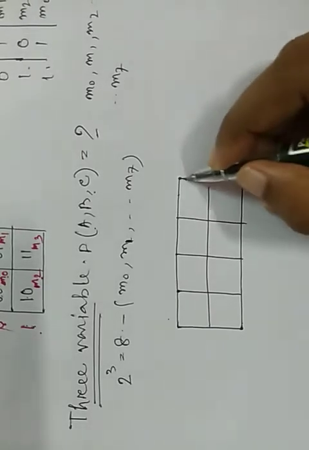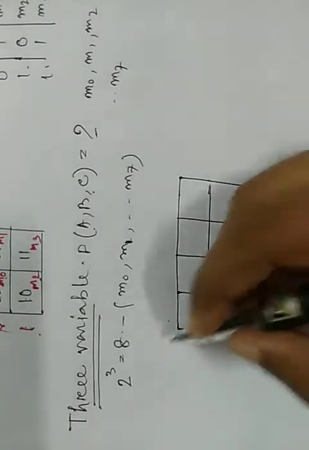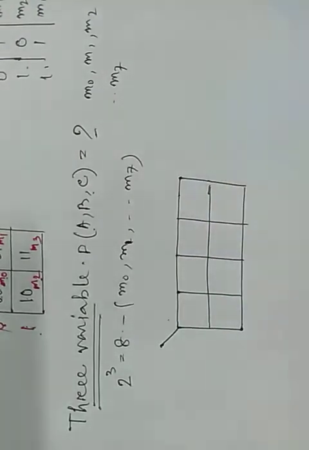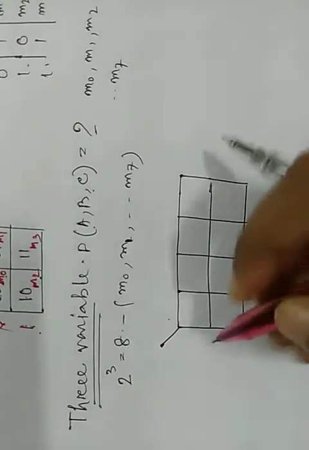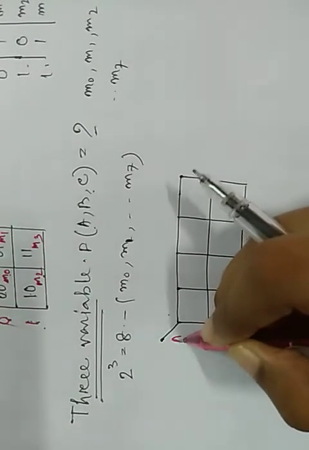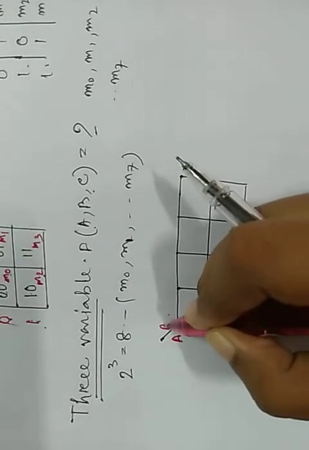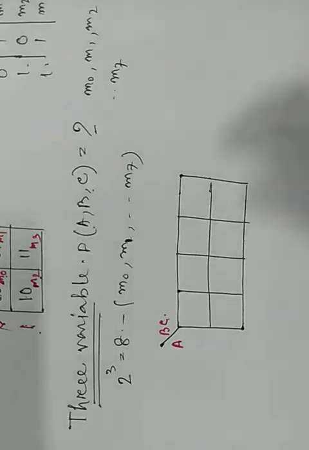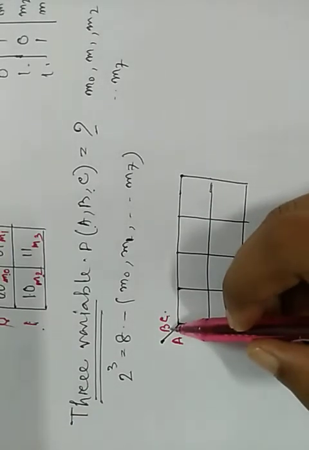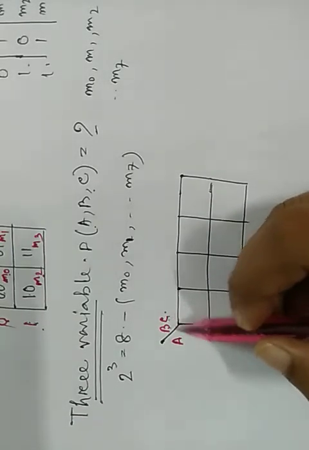One, 2, 3, 4, and as it is 3 variables, we have to write like this way. One variable A is there, and the B, C variables are there.